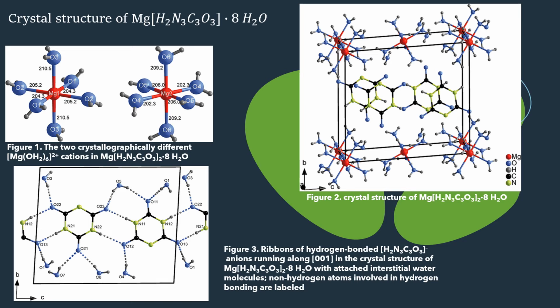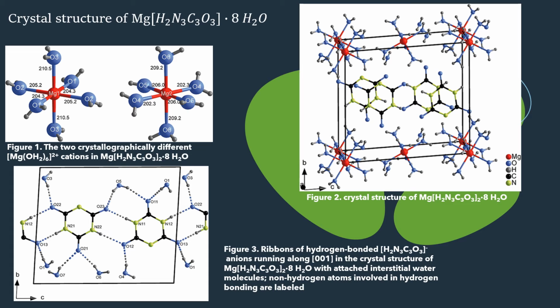In between those layers, dihydrogen isocyanurate anions form planar ribbons, as seen in figure 3, running nearly parallel to the crystallographic C-axis. A further stabilization of the anionic ribbon as well as the cationic layers results from the additional hydrogen bonds between the lone pair electrons of oxygen and deprotonated nitrogen atoms of the dihydrogen isocyanurate anions with hydrogen atoms of the coordinated water molecules of the complex magnesium hydroxide cations.